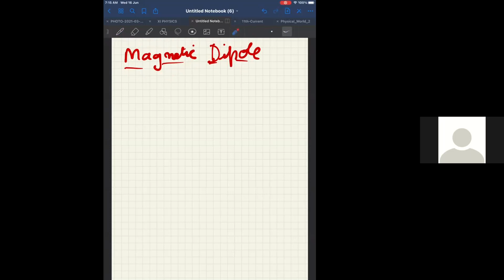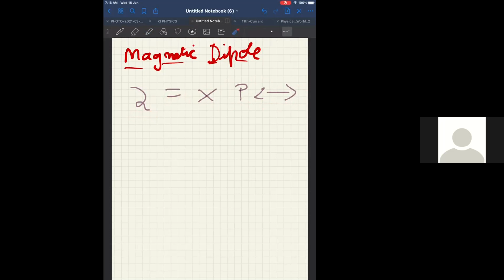Therefore, two equal opposite poles separated by some distance is called a magnetic dipole. Listen to this again. Two equal opposite poles separated by some distance, they form a magnetic dipole.